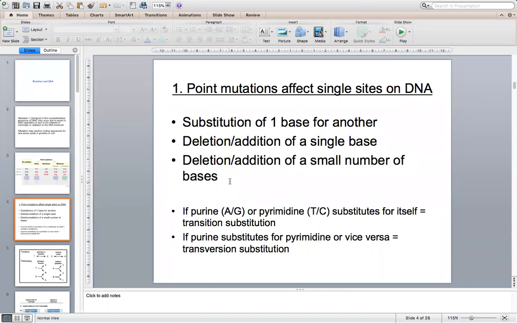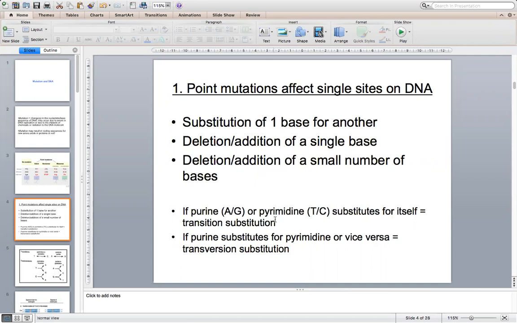Next, suppose your players are not performing well, you remove a certain set of players and replace them with another set of players. That is the deletion or addition of a small number of bases. Until now, we have been removing or changing only a single base, but here we are doing it for more than one base.